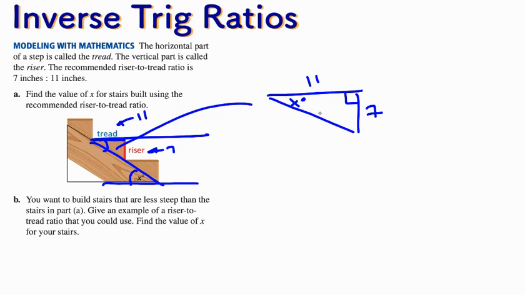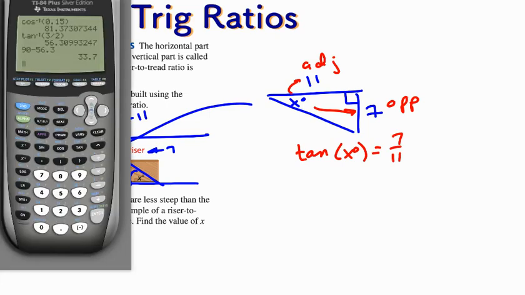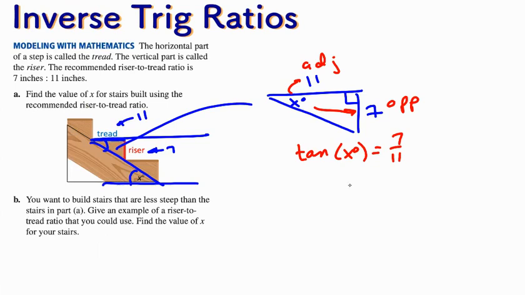Now we can say 7 is opposite and 11 is adjacent. That means we're using tangent of X degrees is equal to 7 over 11. Tangent inverse of 7 divided by 11 gives us an inclined angle of 32.5 degrees.